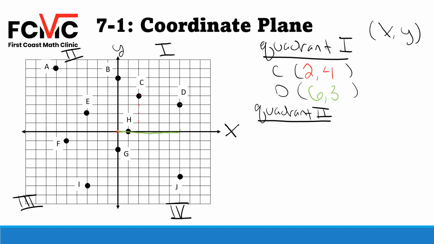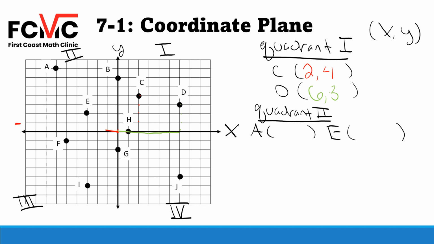So in quadrant 2, we've got point A and point E. I'm not including the points that are on the axis themselves, just in the quadrants. So point E, let's do E first. We're going to the left, so negative, right?